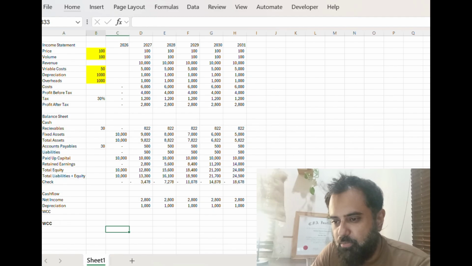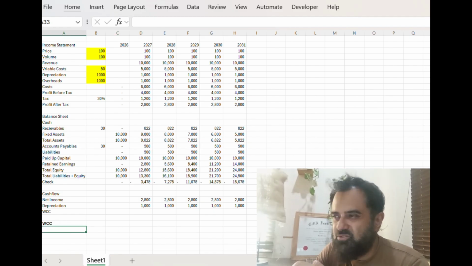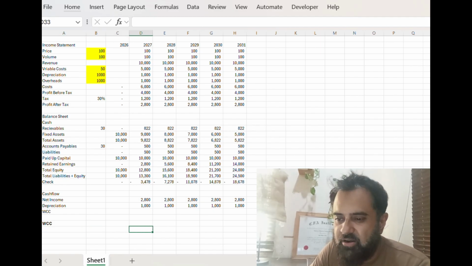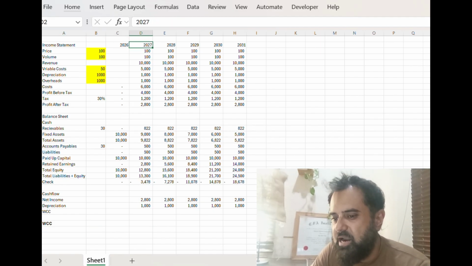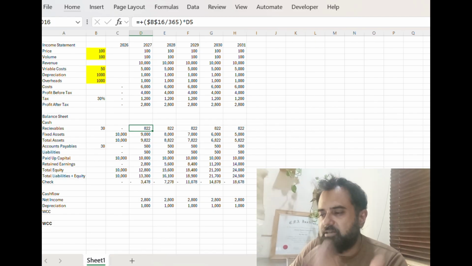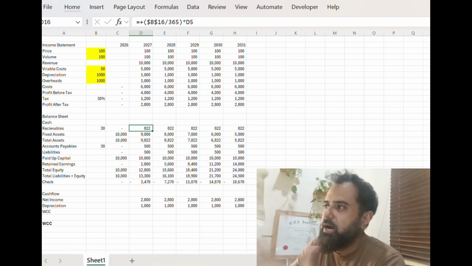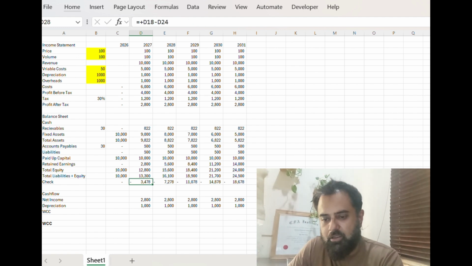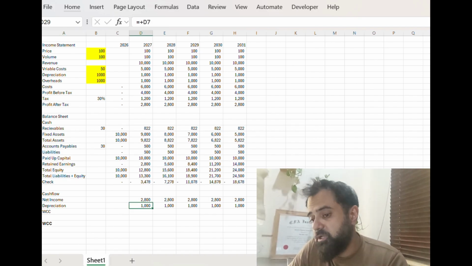Because any business has receivables and payables, so we can't really skip that, right? We have inventory too, but let's say this is a very efficient business and it just buys inventory when it needs it and uses it right away, so there is no inventory here, whereas usually that is not the case.